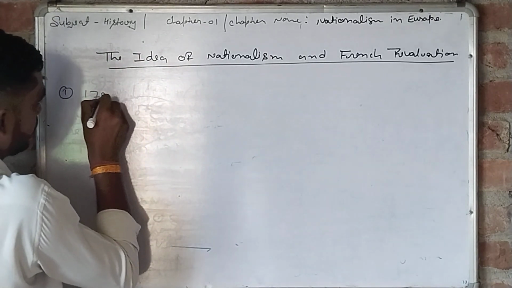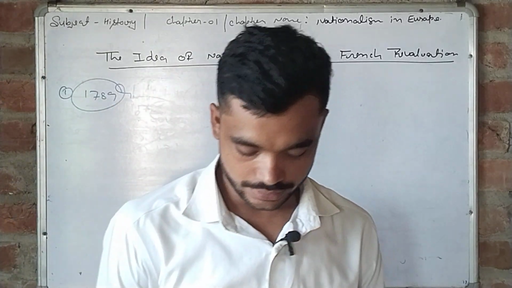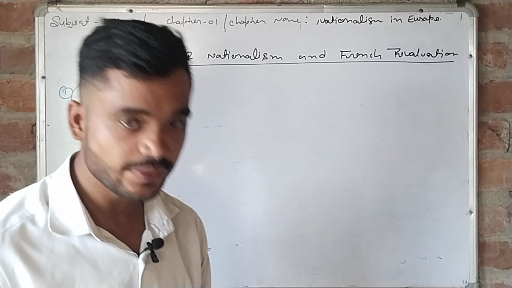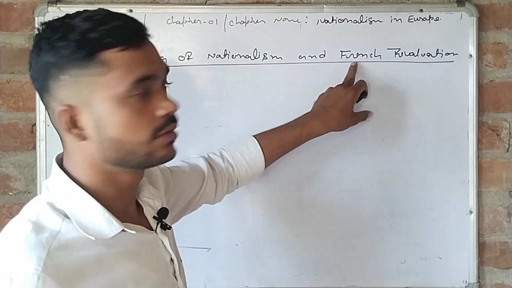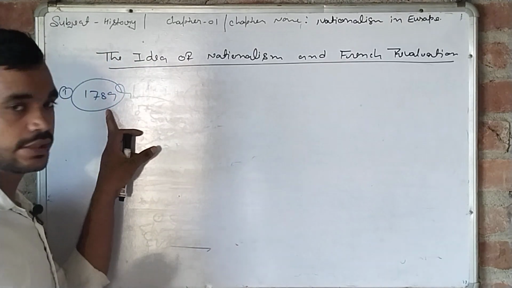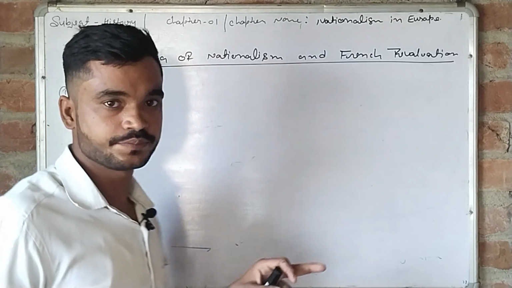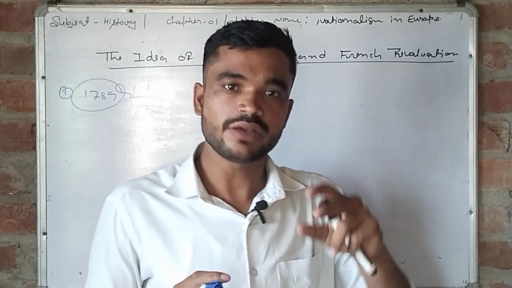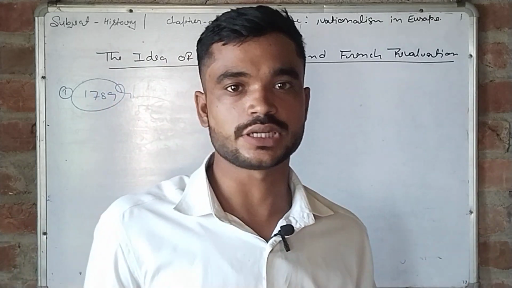The date is 1789, a very important date. In previous classes, you already read about the French Revolution, and you already know this date, 1789. This is the time when there were many changes in France in the political sector as well as the constitutional sector.